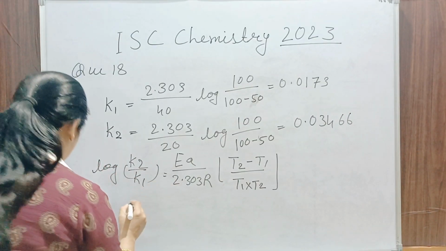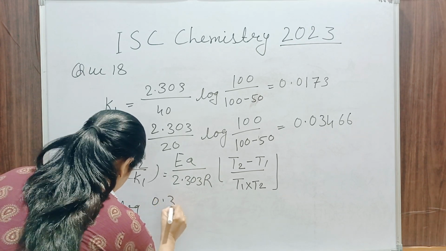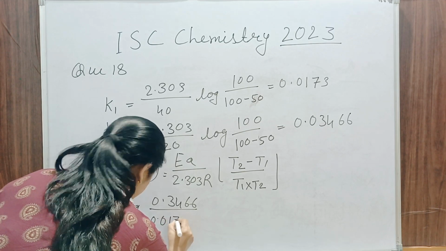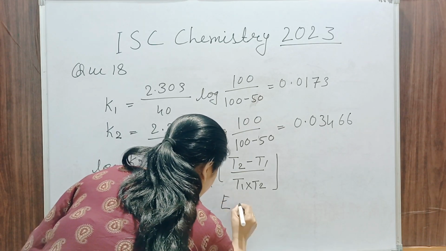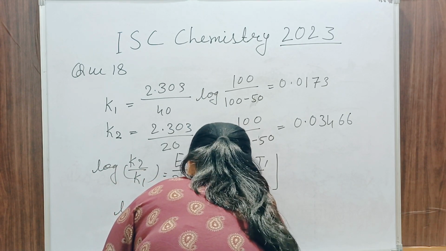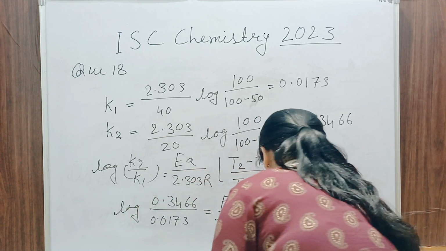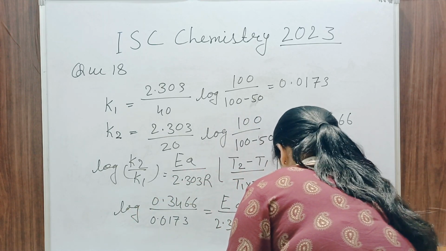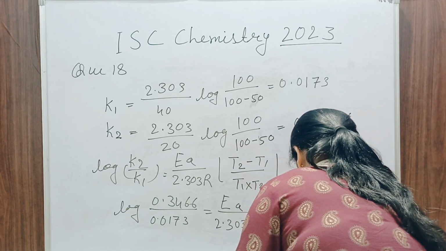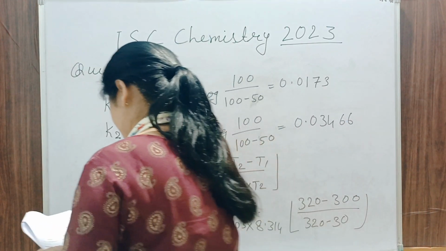When we put the values, log 0.03466 upon 0.0173 equals Ea upon 2.303 into 8.314 times 320 minus 300 upon 320 into 300.